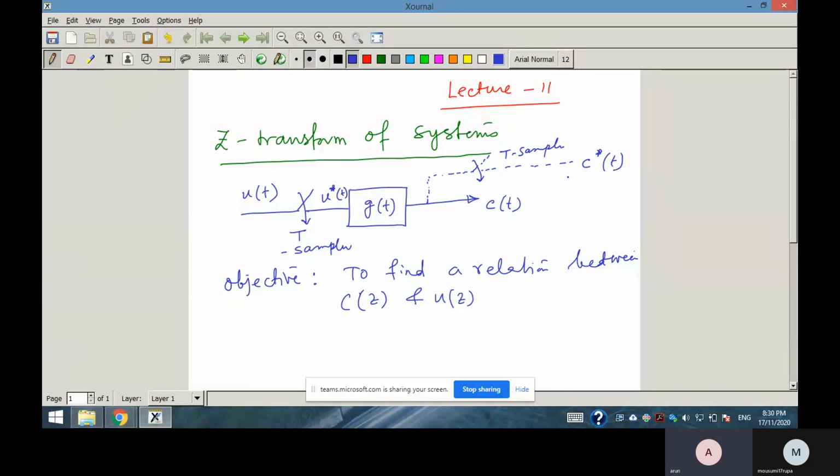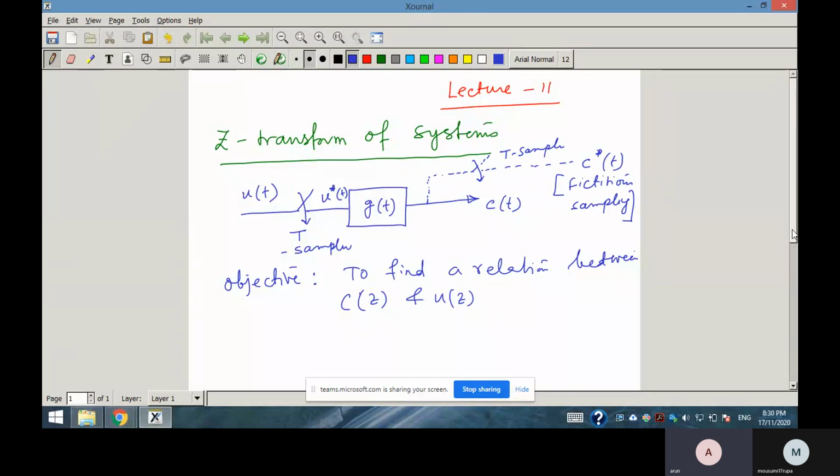I am writing fictitious sampling because if you do not consider this, then how will you get C(z)? So this is a fictitious thing. Actually, it is not really present. But for analyzing, we have to obtain the transfer function between C(z) and U(z). That's why I have considered this one.